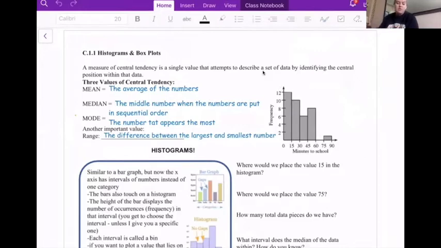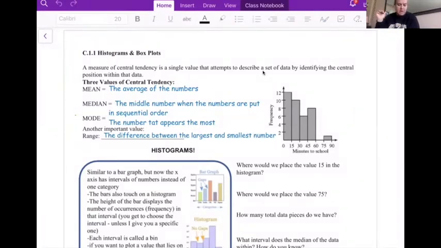But we're going to start with some of our basics that you should have already known, but just a little bit of a refresher. So the mean of the data is the average of all of the numbers. So you add them all up and then divide by the number of data points that you have. The median is if you put all of the numbers in some sequential order, it's going to be that middle number.